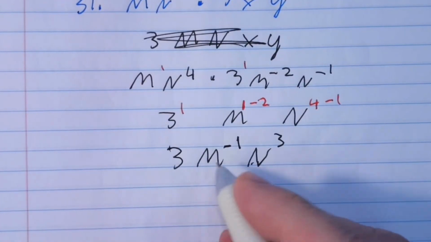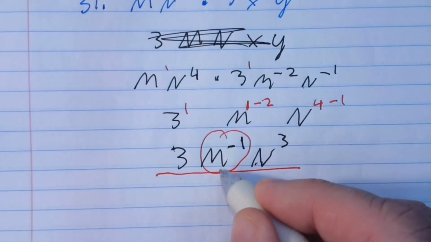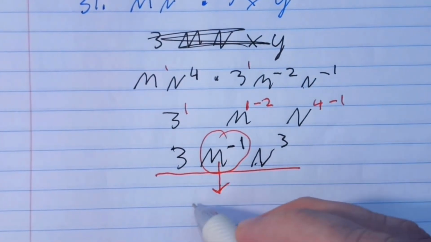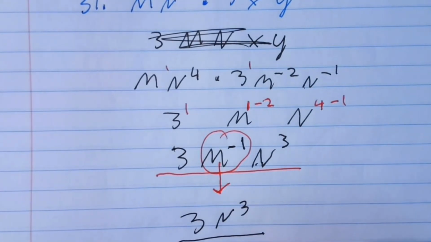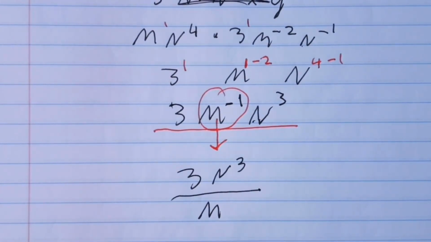The last step is to take care of all my negatives. This is a negative, which means it's going to move down. So my final answer is 3 into the third, and this can be m to the first power or just m. Okay, hopefully this is making more sense.